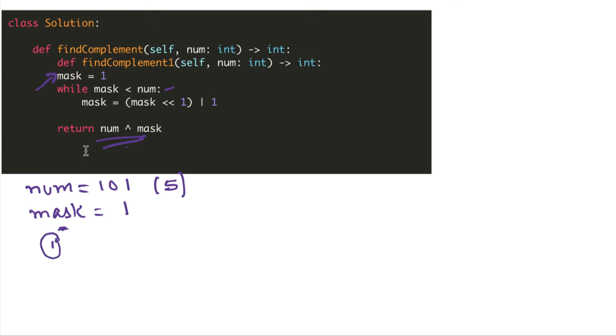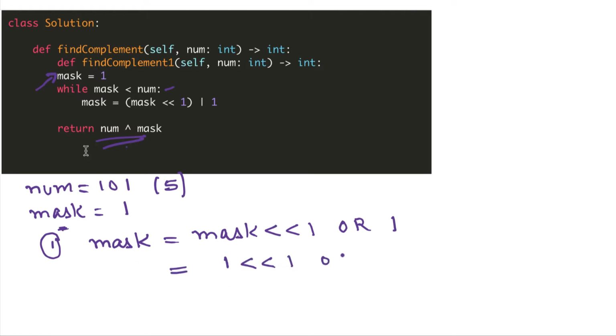In the first iteration of the while loop, the mask is equal to mask left shifted by 1, and then we do an OR operation with 1. The mask value is 1, and we left shift by 1, and then OR it with 1. So this is nothing but 10 after left shifting by 1, and once we OR it with 1, the output is 11.